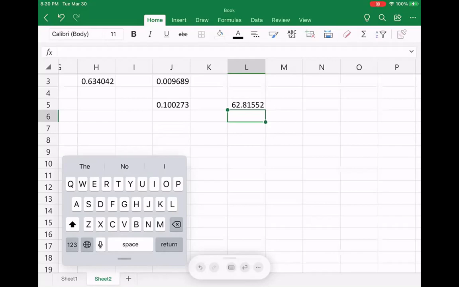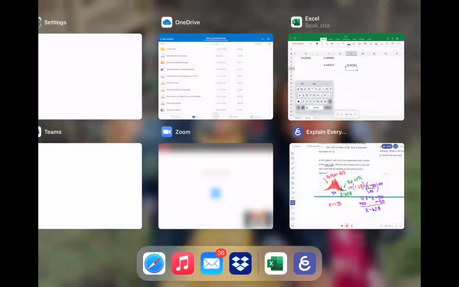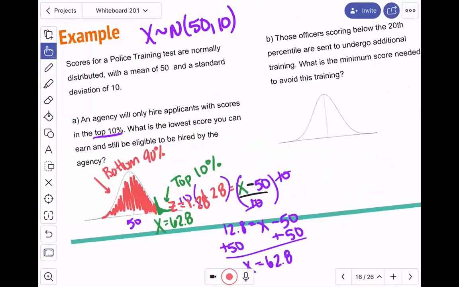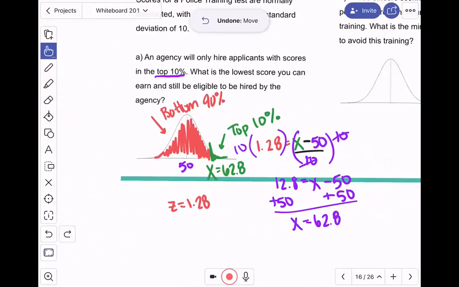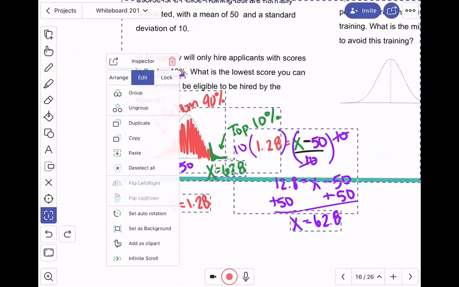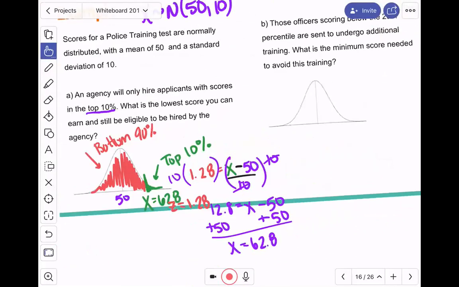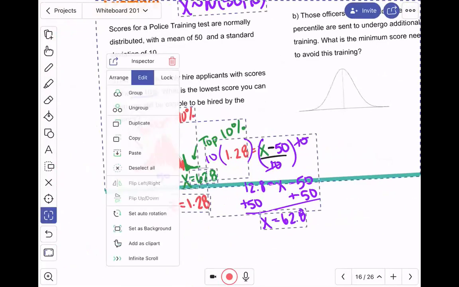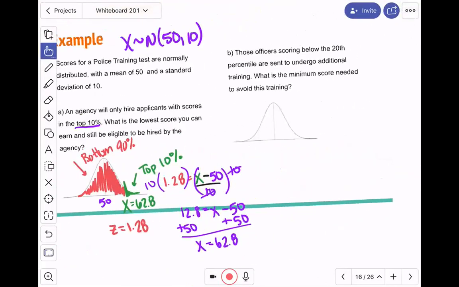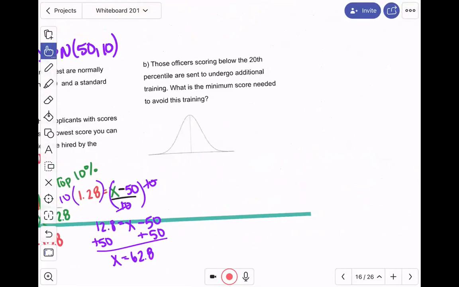So look at the next one. It says that officers scoring below the 20th percentile are sent to undergo additional training. What is the minimum score needed to avoid this training?